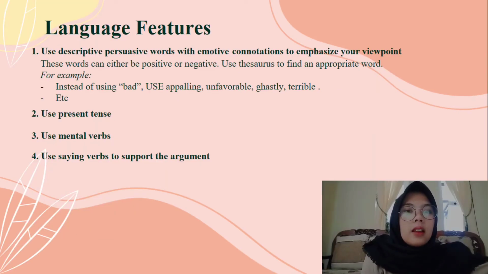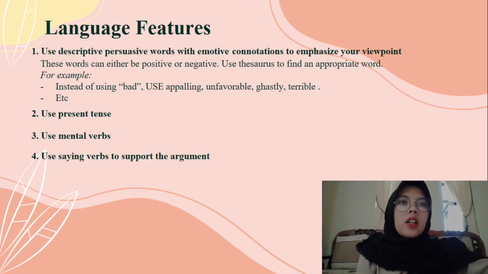So, there are language features of the analytical exposition text. First, in analytical exposition text, you have to use descriptive, persuasive words with emotive connotations to emphasize your viewpoint. These words can either be positive or negative. You can use a thesaurus to find an appropriate word.